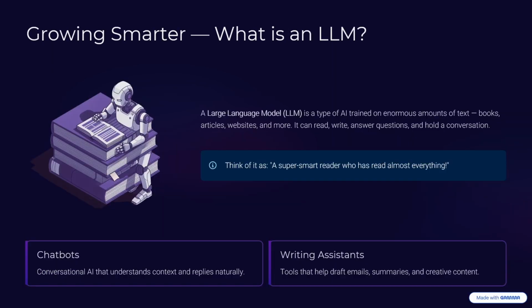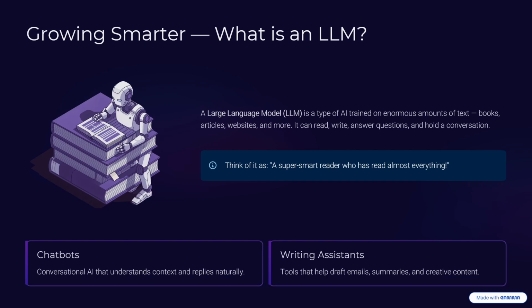Now the next is what is an LLM. An LLM is a part of AI only. It's a large language model, which means it is trained on a huge amount of data, lots of text.